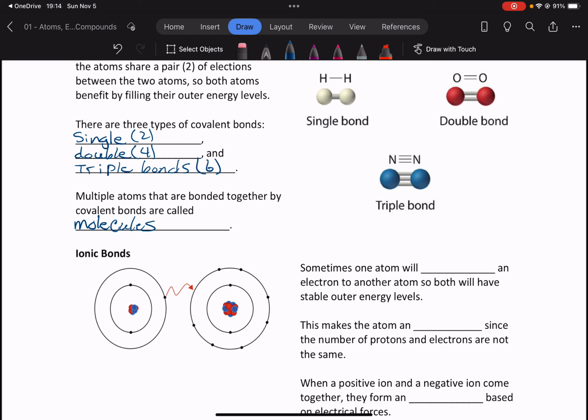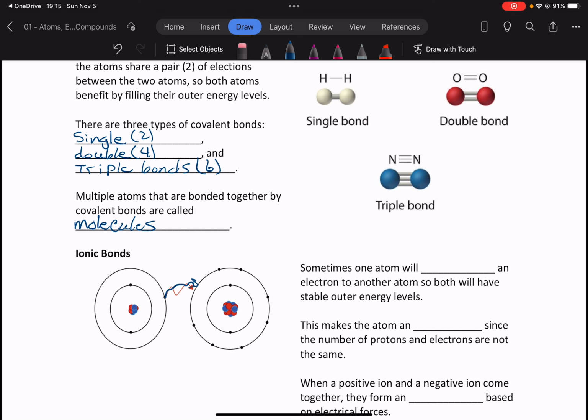And other elements like fluorine, which is one electron away from a full outside energy level, would literally take an electron from something. So here's what happens. If I take the lithium, I'll literally transfer the electron to the fluorine.